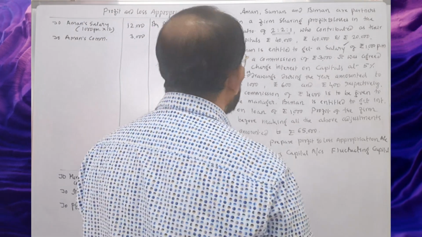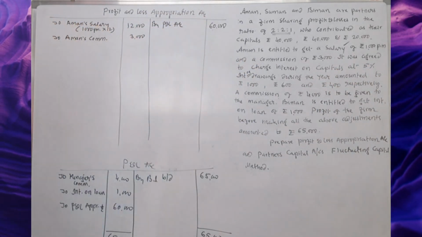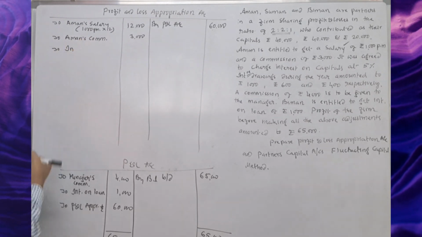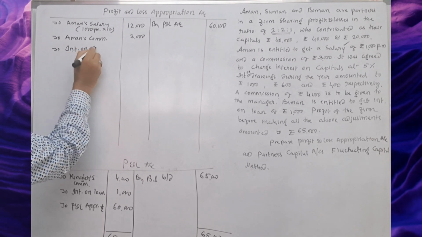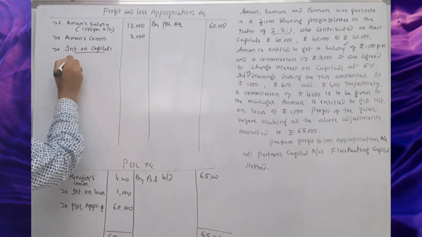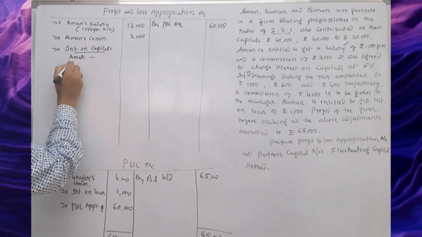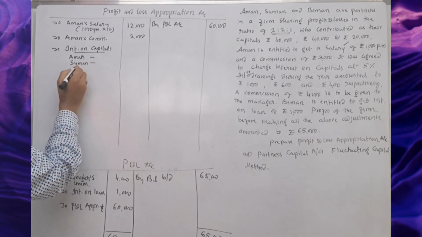Next one is, it was agreed to charge interest on capital. Whenever interest is given to the partners, that is also debited to profit and loss appropriation account. To interest on capitals, Aman will get 5% of his capital. Next one is Suman will get 5% of his capital.